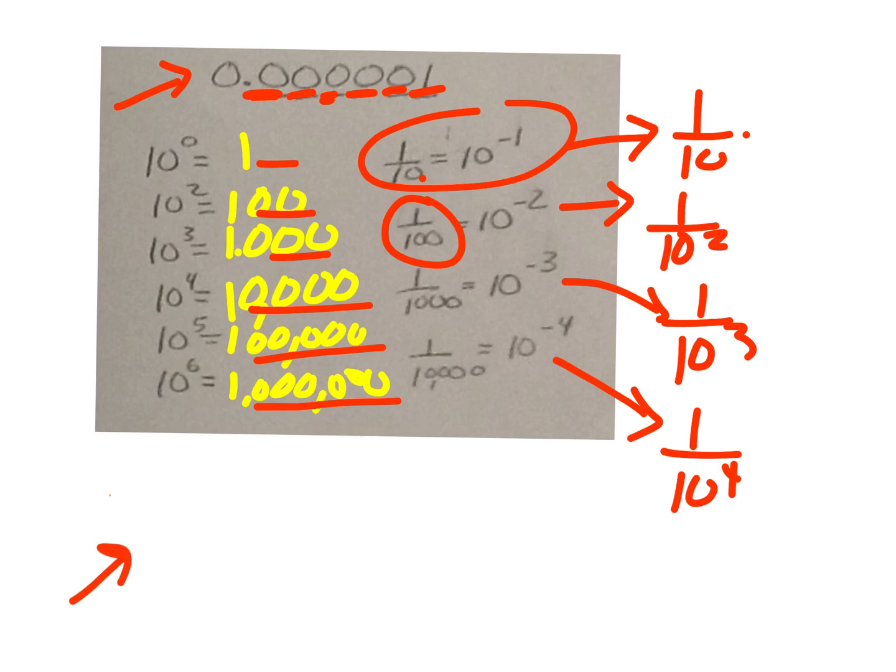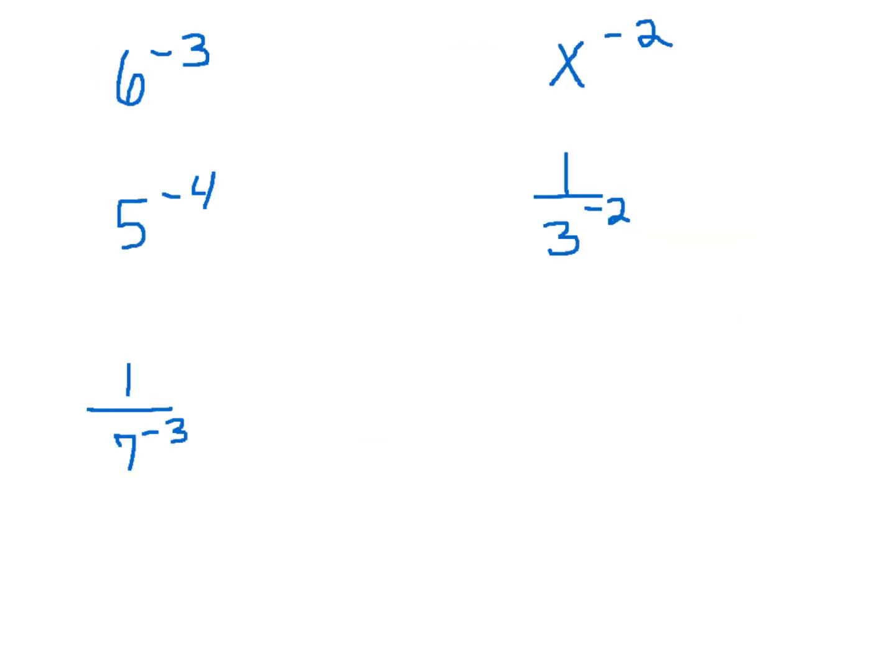So now I'm going to give you some examples of how to solve some problems. Here are some easy problems. When you are supposed to put your answers into positive exponents and you have a negative exponent, what we need to do is flip it to the other side. What am I talking about? Well, this is over 1. So what we're going to do is take this to the opposite side of the fraction.